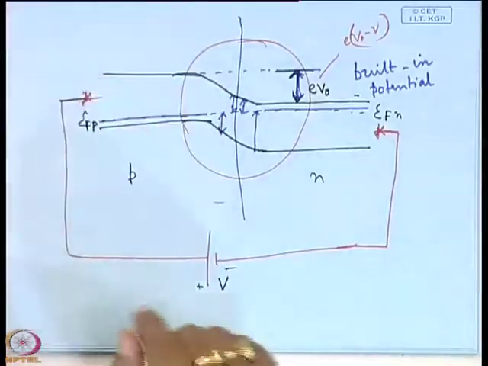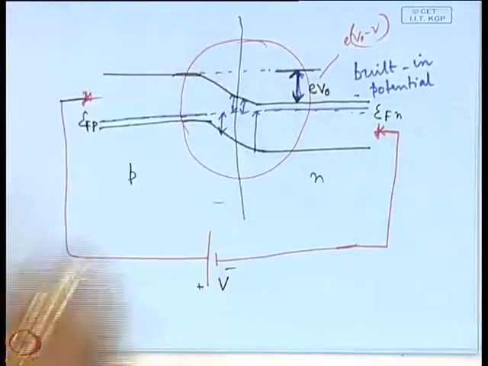Actually, the physical significance is not that the two terminals push the carriers through the depletion region. The whole voltage, V amount of voltage, will be dropped at the depletion region only. Why? Because away from the depletion region, in the bulk region, on this side or that side, it is conducting in nature. So, there will not be a voltage drop there. Where is there a voltage drop?